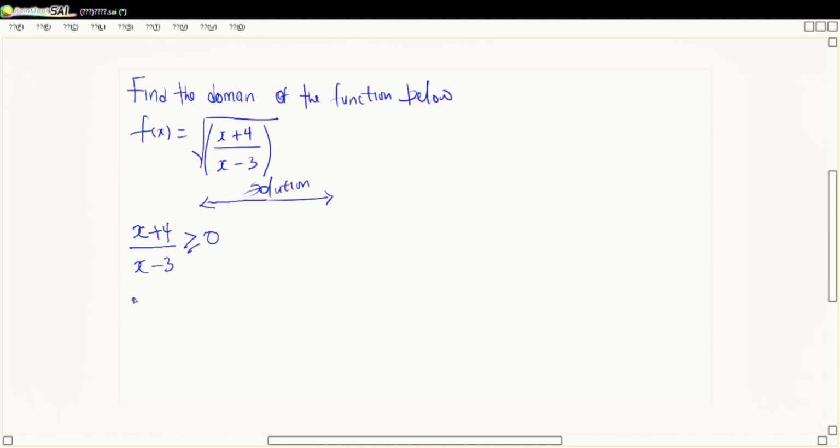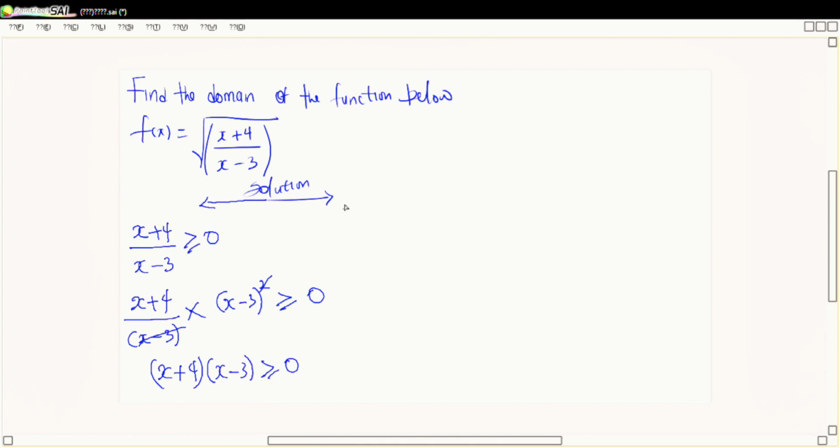So that will now be x plus 4 over x minus 3 multiplied by x minus 3 raised to power 2 greater than 0. Anything you multiply by 0 is still 0. So from here, we take care of this, then we have it as x plus 4 over x minus 3 greater than 0.